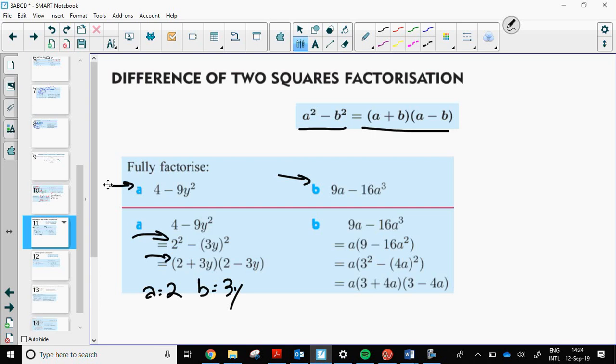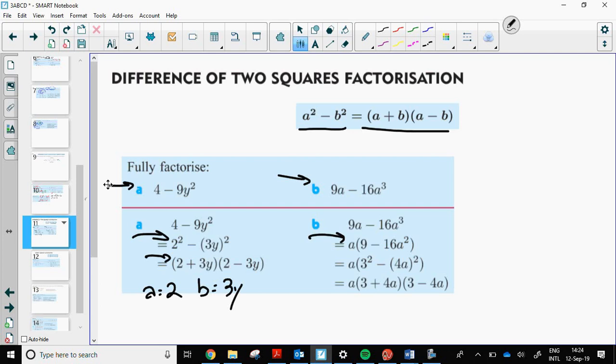But instead, what we should do, and this should actually be our first step every single time, is we can notice that there is a common factor. Both 9a and 16a cubed, they both have an a in them. So as a first step here, we can factor out that a, leaving behind a 9 minus 16a squared.